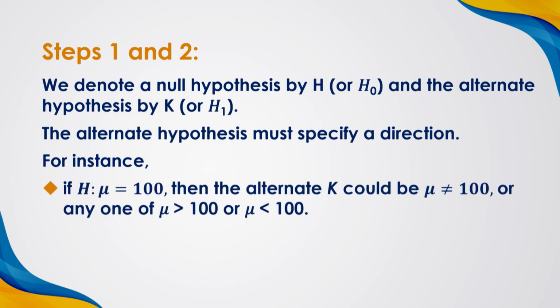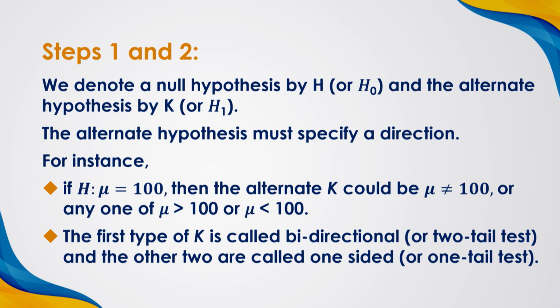For instance, if H is mu equal to 100, then the alternate K could be mu not equal to 100 or any one of mu greater than 100 or mu less than 100. The first type of K is called bidirectional or two-tailed test, and the other two are called one-sided or one-tailed test.